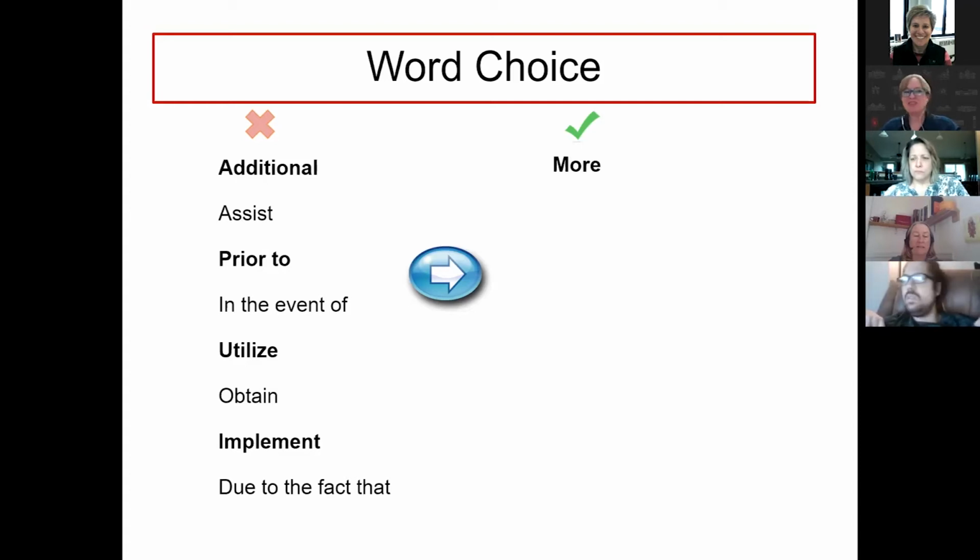In chat, take a look at the rest of these words and type a few substitutes that you can think of, everyday language, for one or more of these.